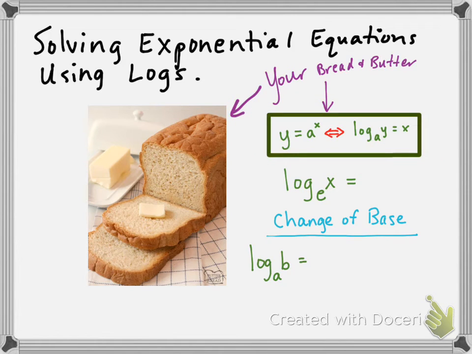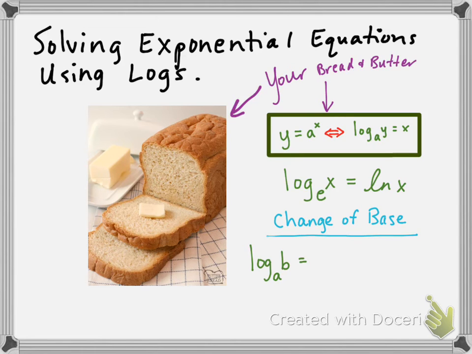The other thing you may not know is that when you see the log base e of x, that's the same thing as writing ln of x. There's a button on the calculator that has ln on it, and there's a button that has log on it. The log is base 10, ln is base e.